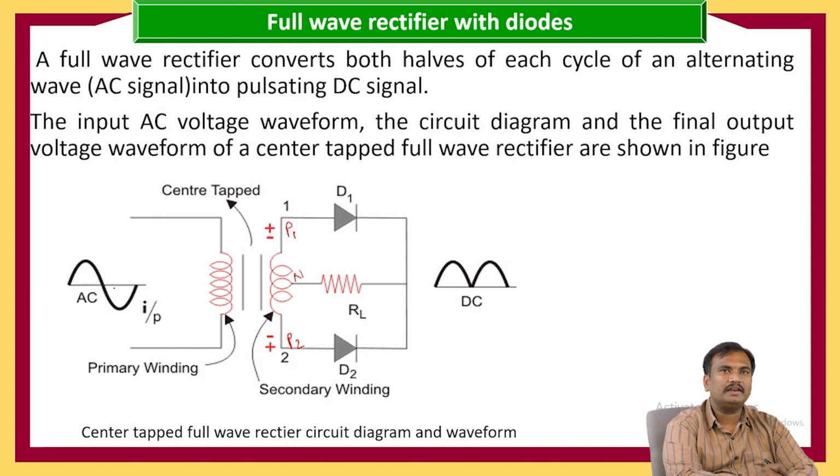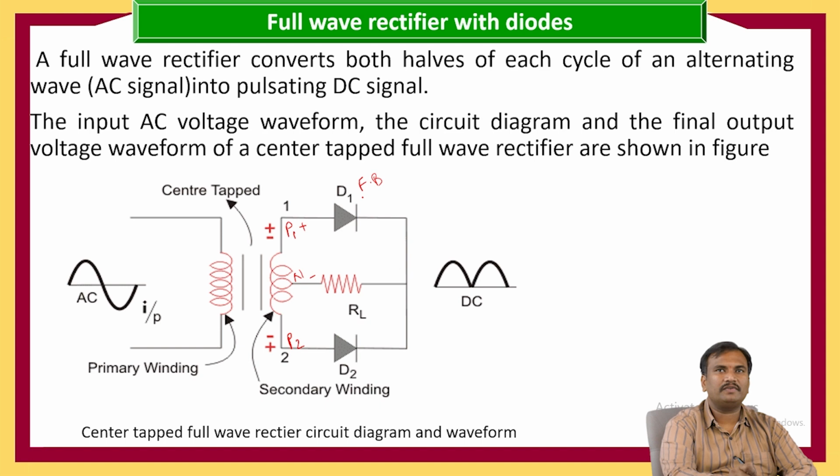When we are giving AC input during the positive half cycle, this will be positive and this will be negative. And here, when this is positive, the diode anode is connected to positive, so the diode D1 will become forward bias.